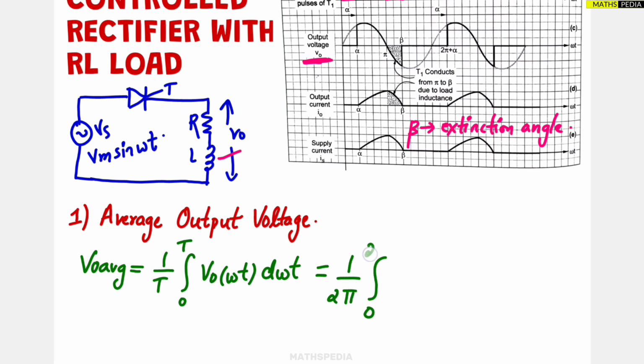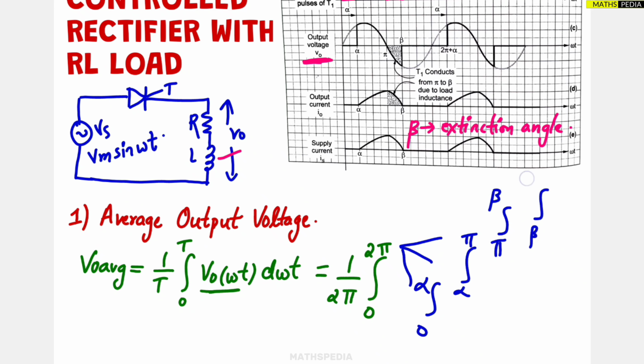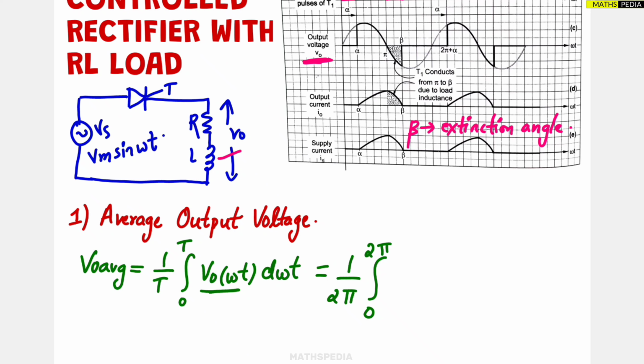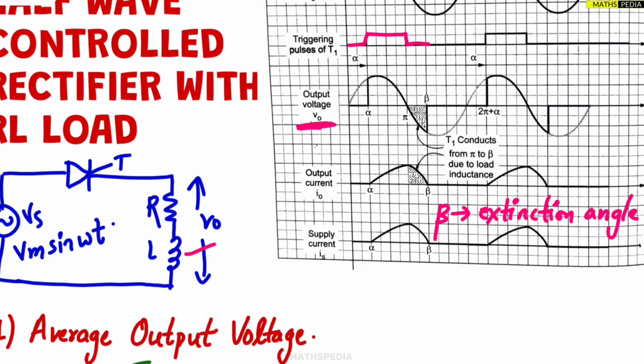Okay, so 0 to 2 pi if we consider also, we cannot directly write, because we have to break it. 0 to 2 pi has to be broken down into how many parts? 4 parts. 0 to alpha, alpha to pi, pi to beta, and beta to 2 pi.